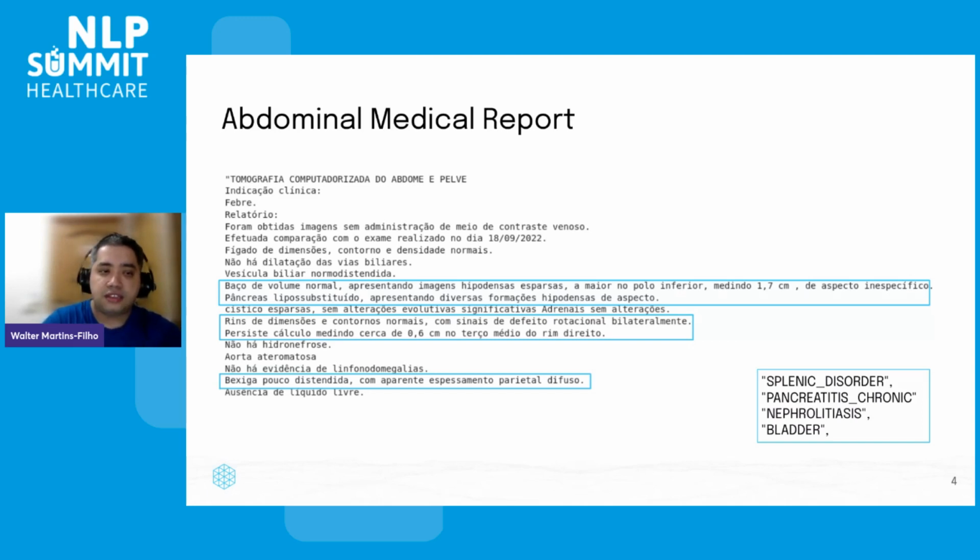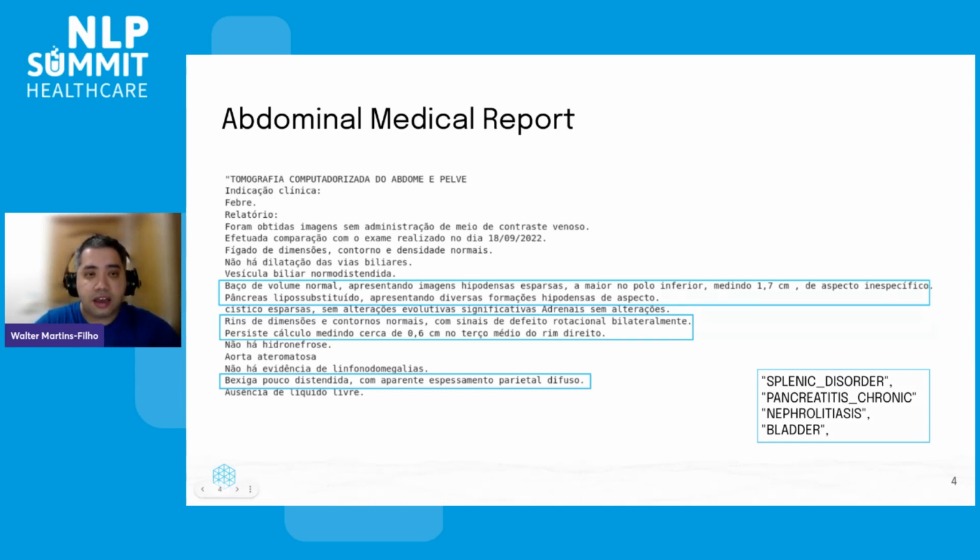After that, they give information about everything being normal: the bile is normal, the kidney is normal. Then they talk about, okay, there is a little splenic disorder, so it's not so normal in the region, and then a pancreatitis, a bladder disease, and they change only the sentences associated with that region.